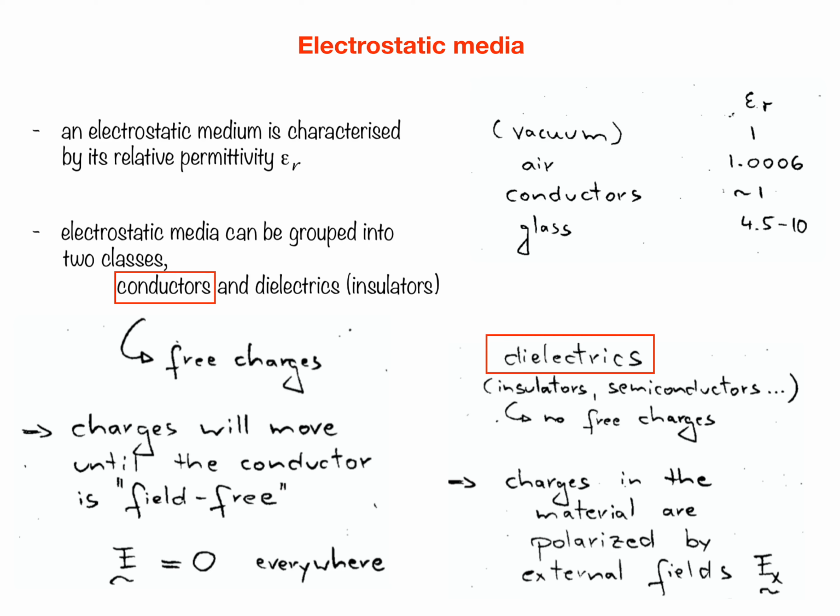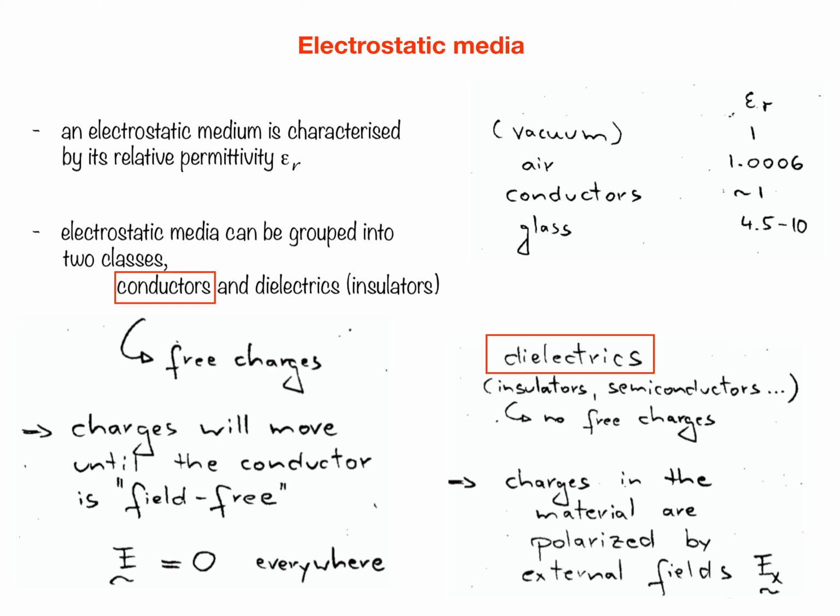Vacuum has a relative permittivity of 1, and the permittivity of air comes very close to that value, with epsilon r equaling 1.0006. Conductors approximately have a permittivity of epsilon r equals 1, and other materials typically have epsilon r values that are significantly larger than 1.